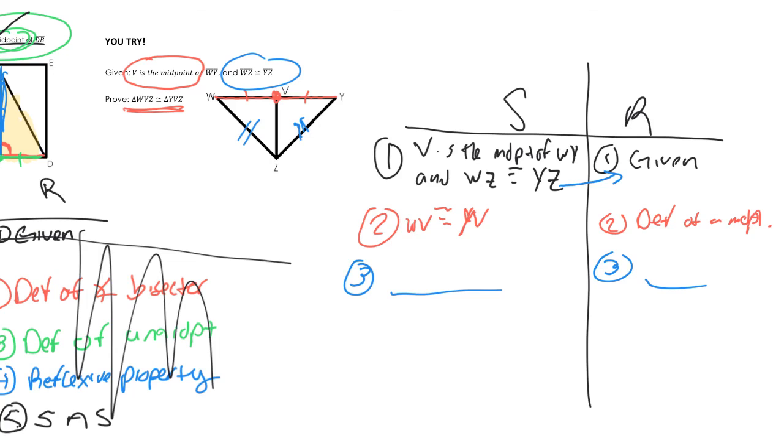I have 2 things so far. I have a side here and a side here that are equal in both triangles. So I need 3 things. I've used this given, I've used this given. So I got to find something hidden in the diagram. So VZ is equal to ZV, and that's the reflexive property.